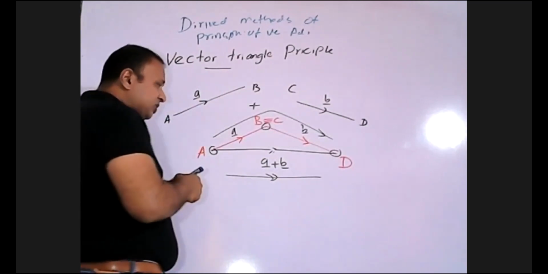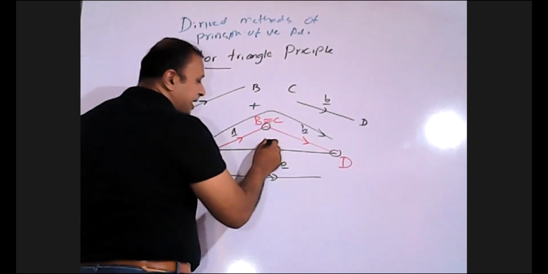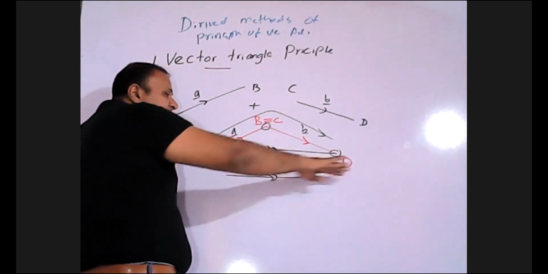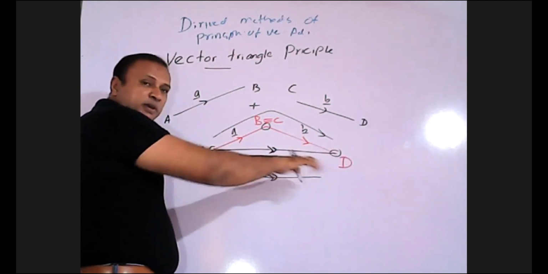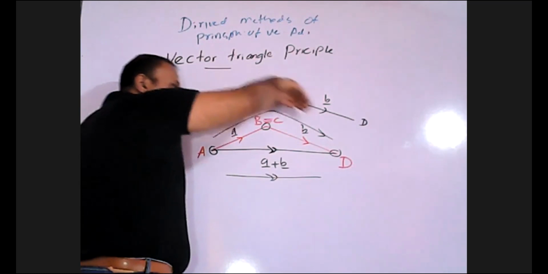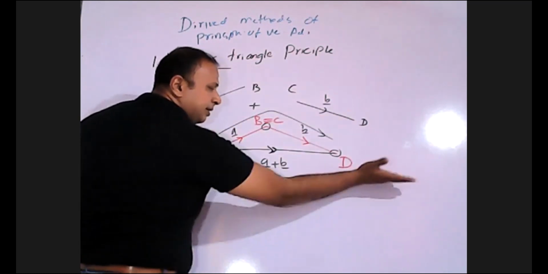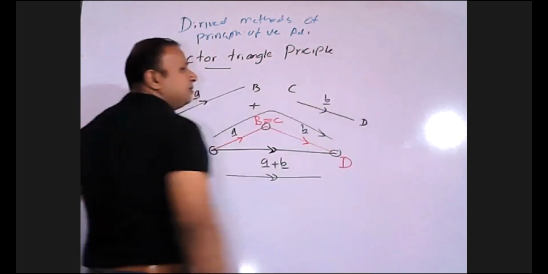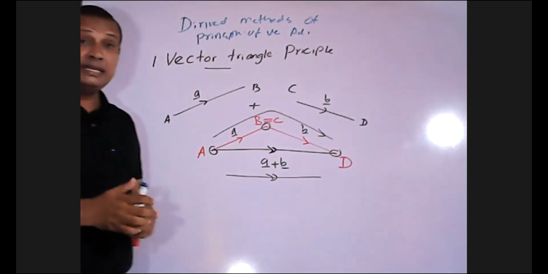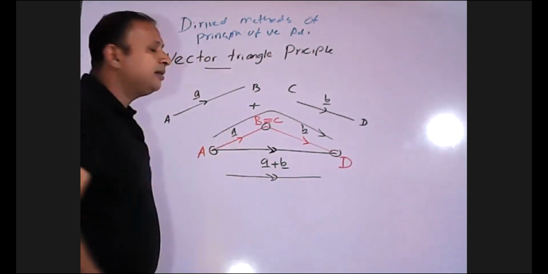But the addition vector, the resultant vector, is in the opposite way. If they are going in this direction, the resultant vector is going in this direction. That is the characteristic of this triangle.